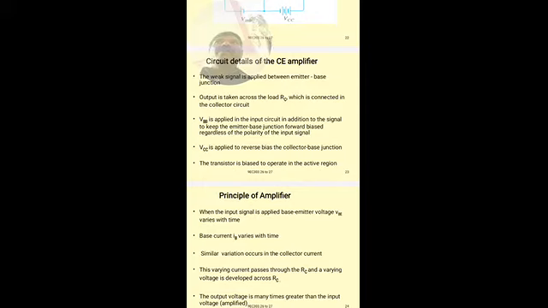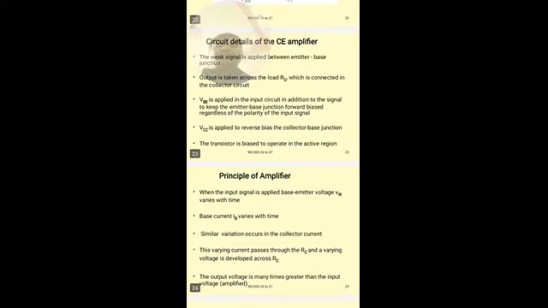So when the input voltage VB is varying, the base current is also going to be varying with the application of the input signal.